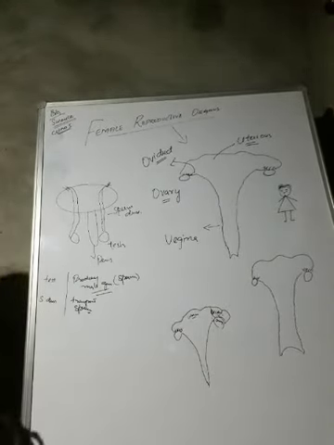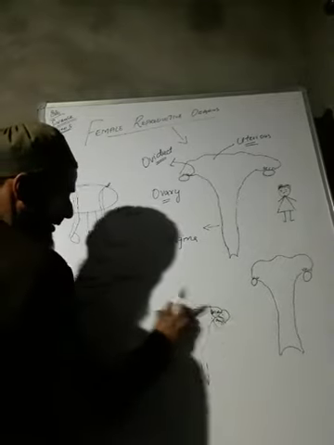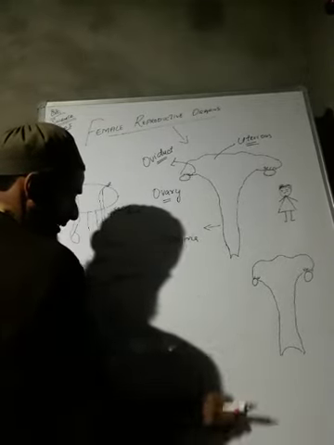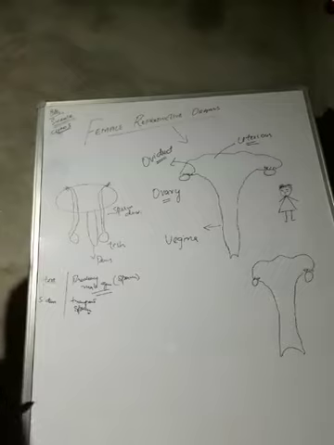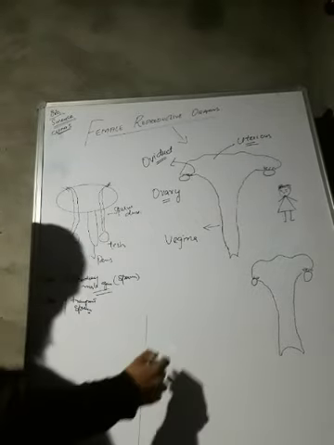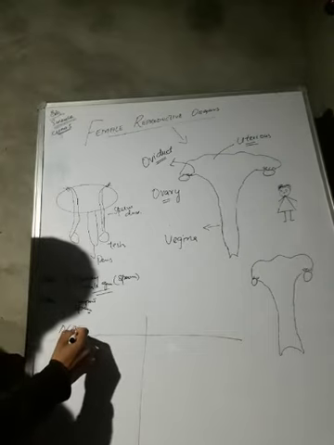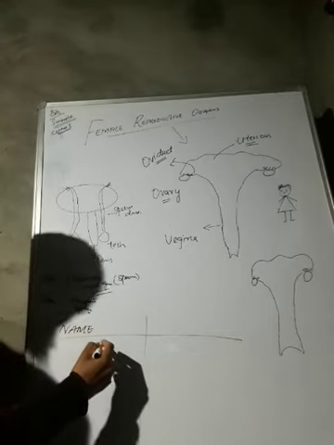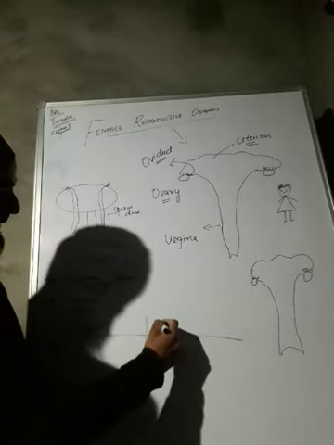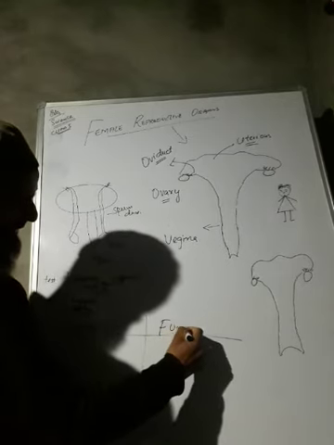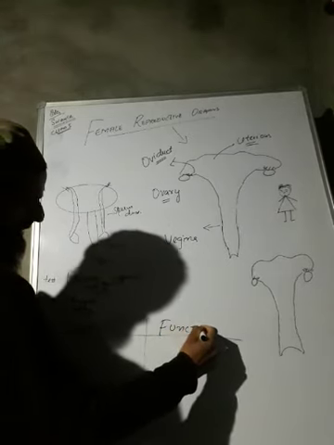Now we will read the functions of these organs. Name of the organs of the female reproductive system and their functions. What is their function? What is their work?